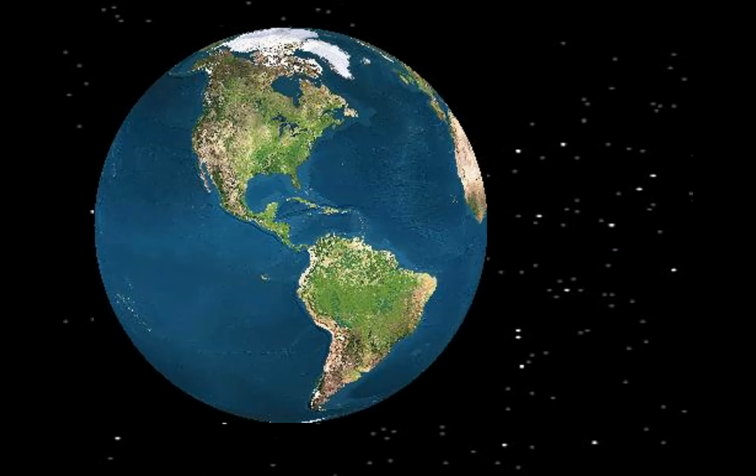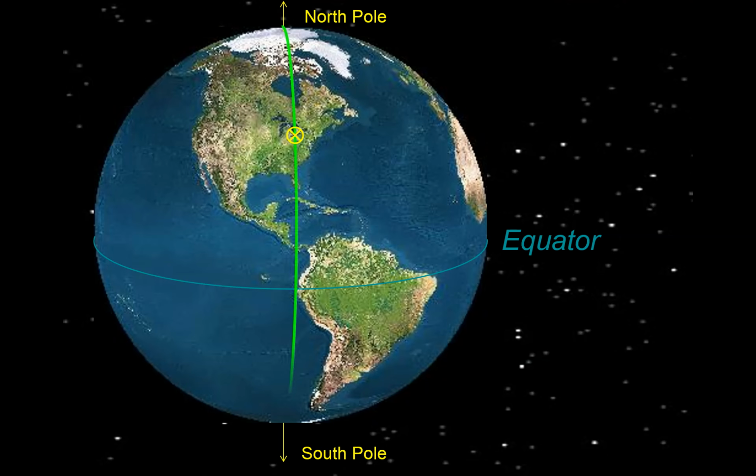So, if you're standing somewhere on the planet and trying to observe something in the sky, so let's say we're about there on the Earth right now. Here's our north and south poles, and here's our equator around the middle of the Earth. Now, we could draw a meridian from the north to the south pole through our position on the Earth.